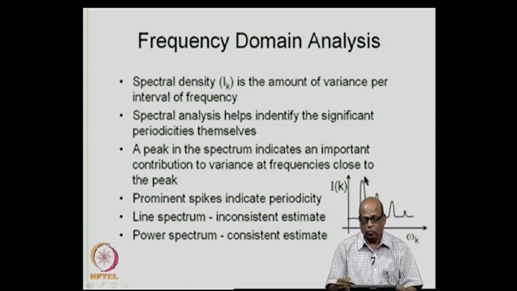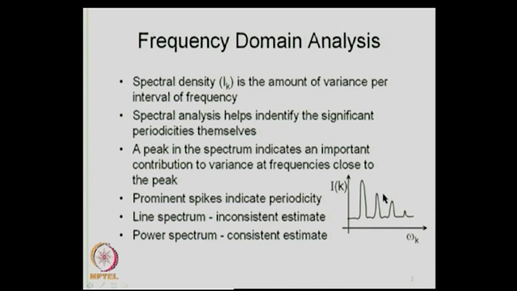So, the omega value that we get corresponding to these peaks corresponds to the periodicities inherent in the data. The line spectrum, as we introduced in the last lecture, is a statistically inconsistent estimate, whereas the power spectrum, or the smoother spectrum, which is shown here, is a statistically consistent estimate.